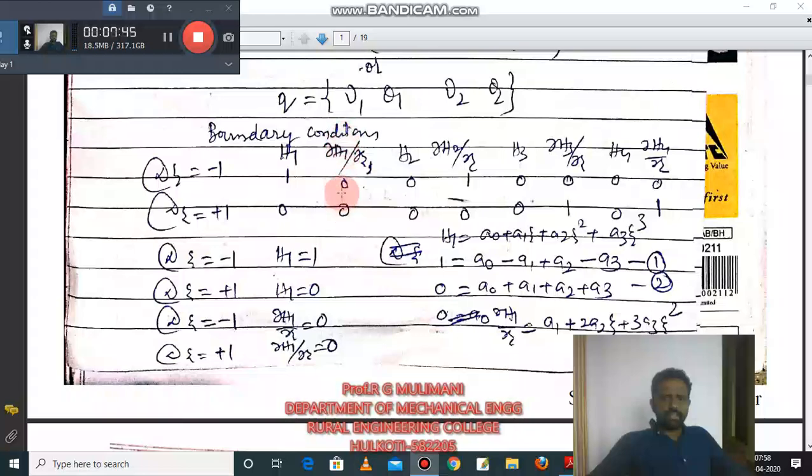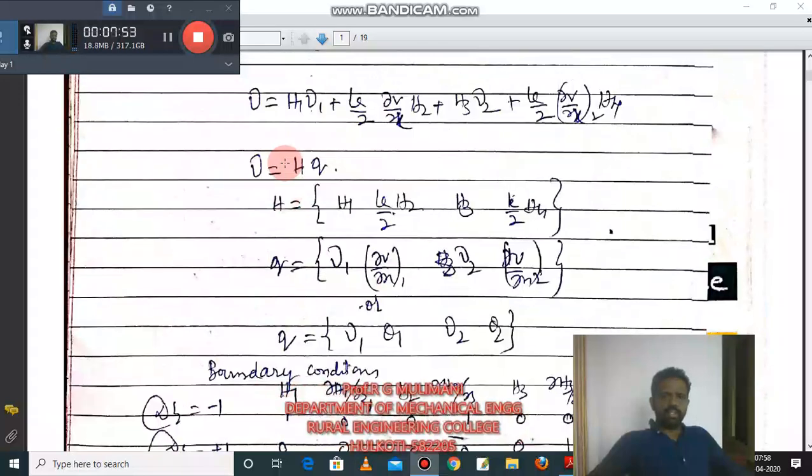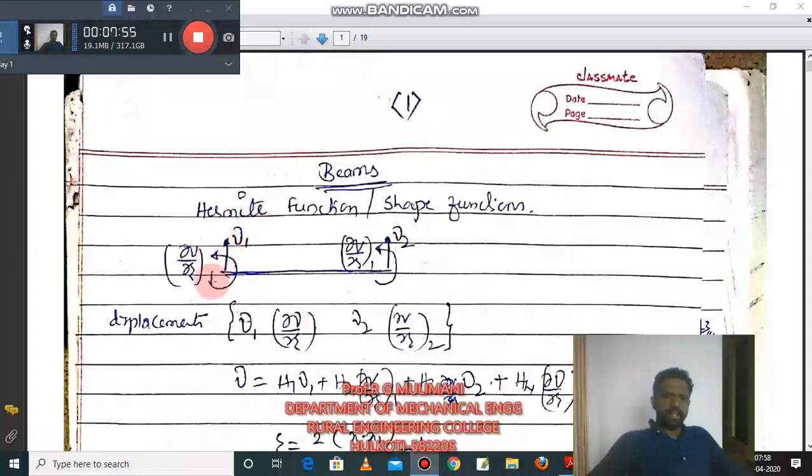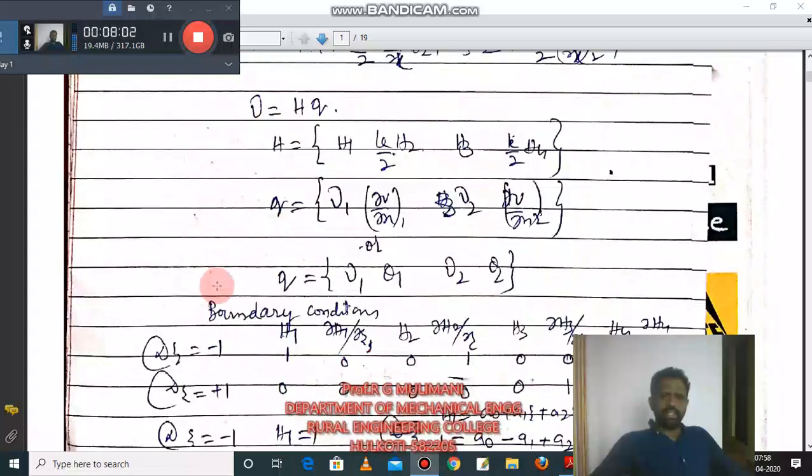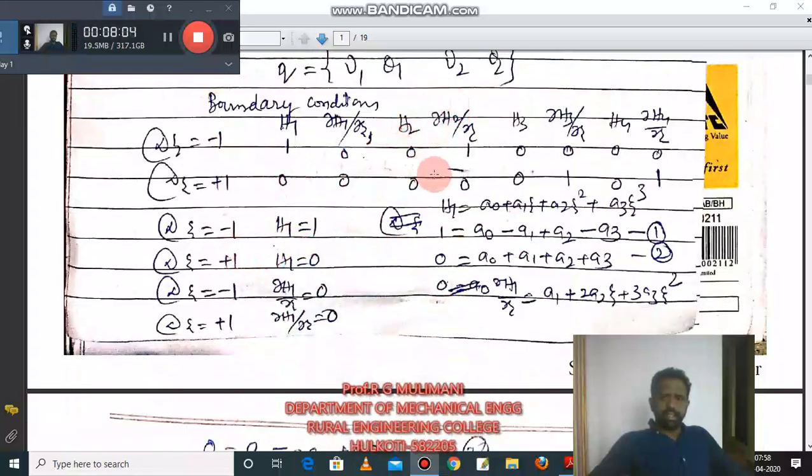At zeta equal to -1 there is vertical displacement and no slope. Similarly there is one more displacement, dou v by dou x or dou v by dou zeta. That is the second boundary condition. There is a slope here, so the other elements are 0, 0, and at zeta equal to -1 the slope is 1.